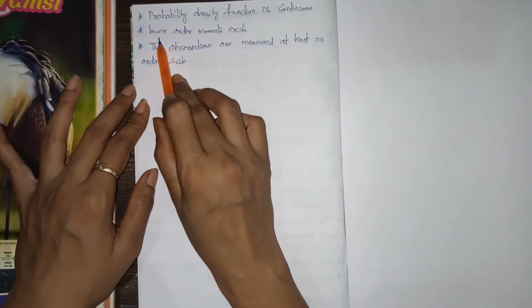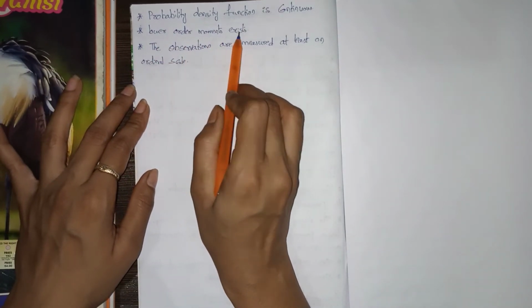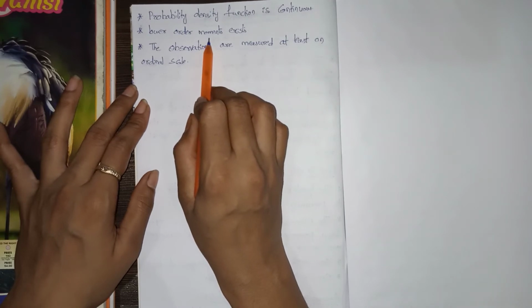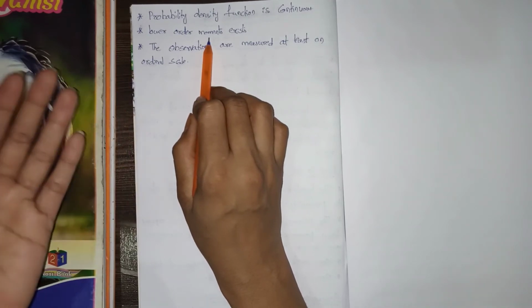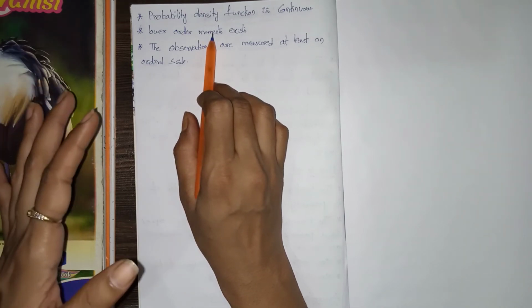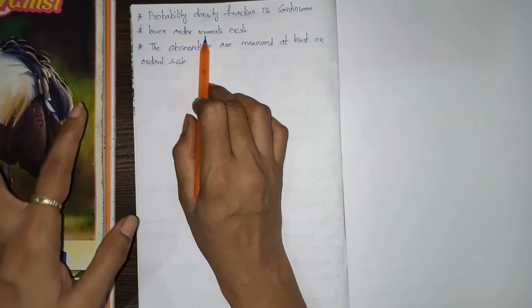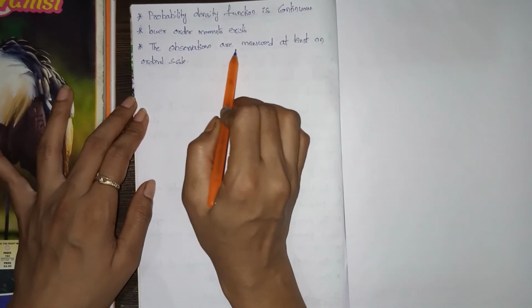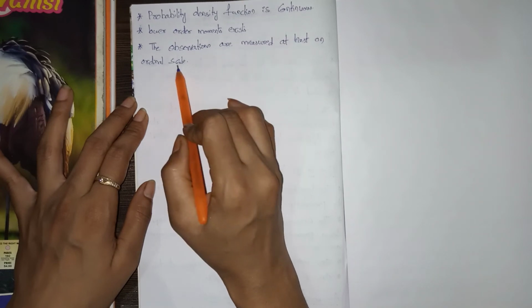The next point is that lower order moments exist. Moments are of two types: central moments and non-central moments. So lower order moments also exist here. Then, the observations are measured at least on an ordinal scale.